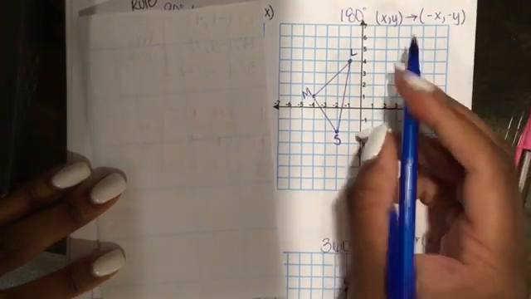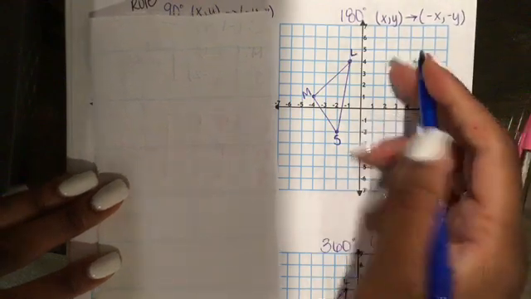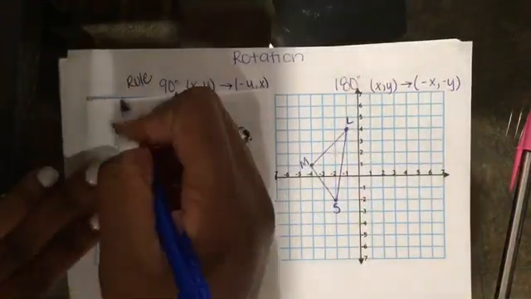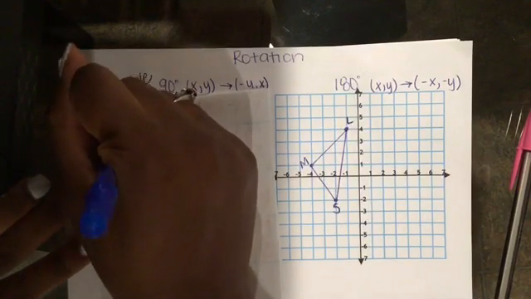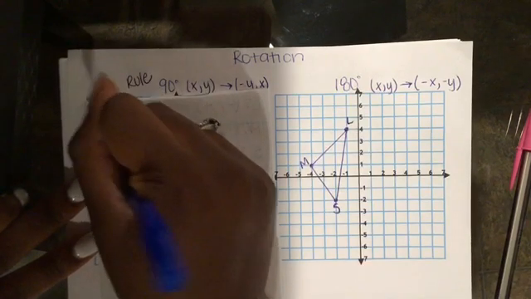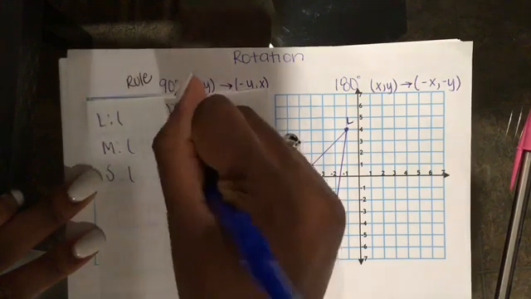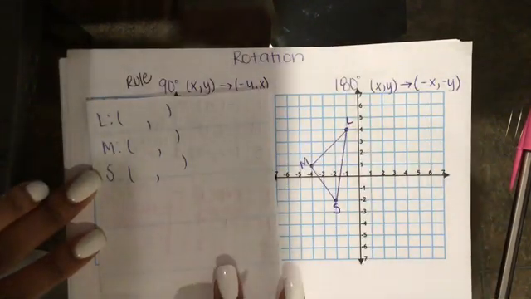So 180, your rule is X, Y, -X, -Y. So they stay in the same spot, their signs just change. So we're going to write it down. LMS. I want you to write your ordered pairs and tell me if you got the same ordered pairs that I get, okay?